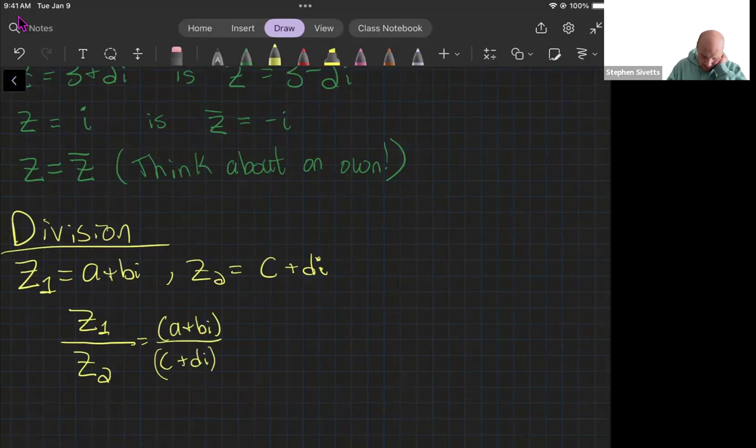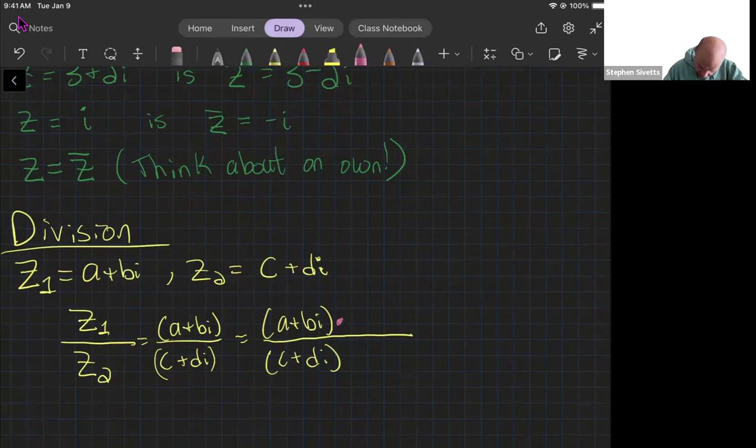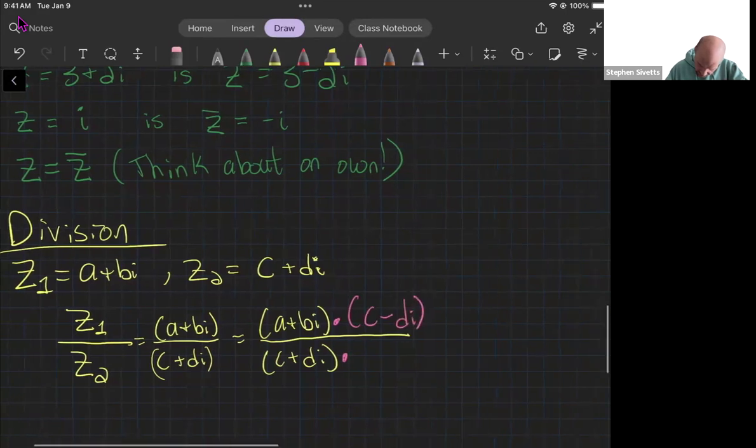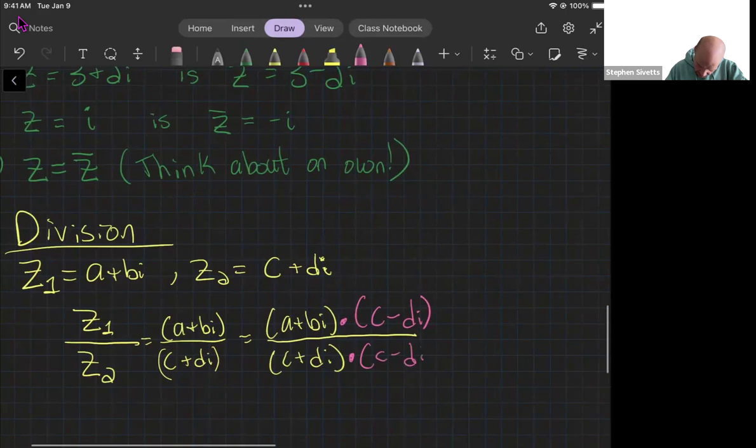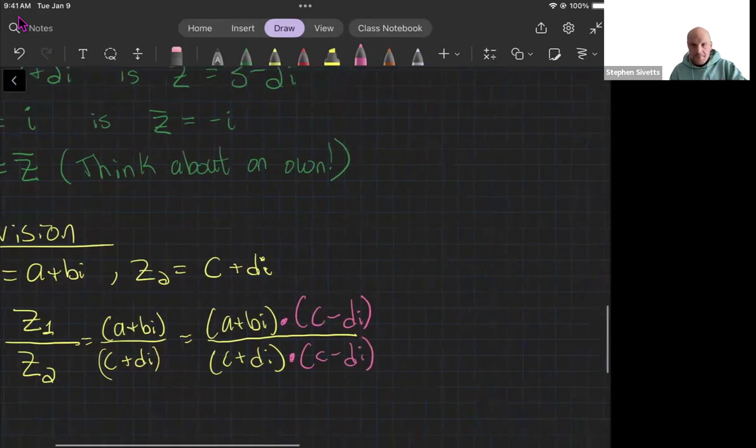What we are going to do here with complex division is multiply and divide by the complex conjugate of the denominator. So it'll look like this: A plus BI over C plus DI, and we multiply each of these quantities by the complex conjugate in the denominator.